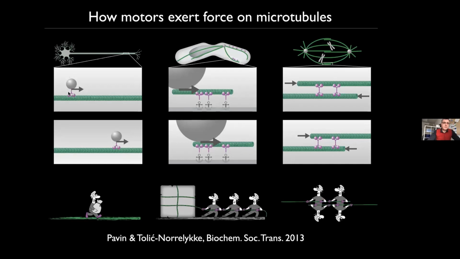So there is one motor moving along this track, and by moving along this track, it transports the object from one end to the other. If objects are larger, then one motor is not enough for transporting them. Then multiple motors are bound to the microtubule, and these multiple motors can exert collective forces, like these guys pulling on this rope, and because there are more of them, they can move larger objects.